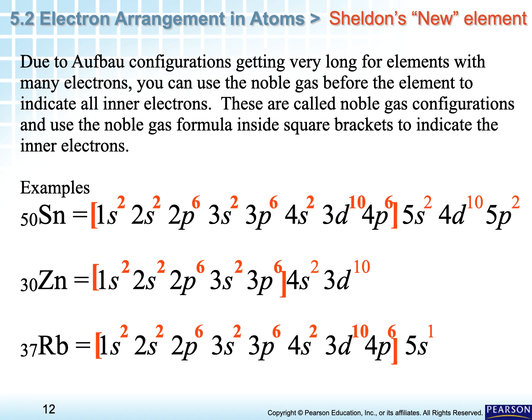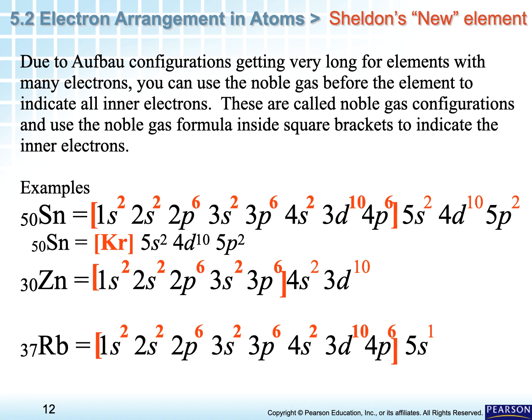So basically, if I know the row that it's in, you'll notice I've rewritten tin, but I have brackets around 1s2 up to 4p6 because tin is in the 5th row. So I look at the end of the 4th row, and the end of the 4th row is krypton. Now, krypton has the electron configuration that is in the brackets. So instead of writing all of the inner electrons, all I have to do is find that tin's in the 5th row. So I look at my Aufbau configuration.